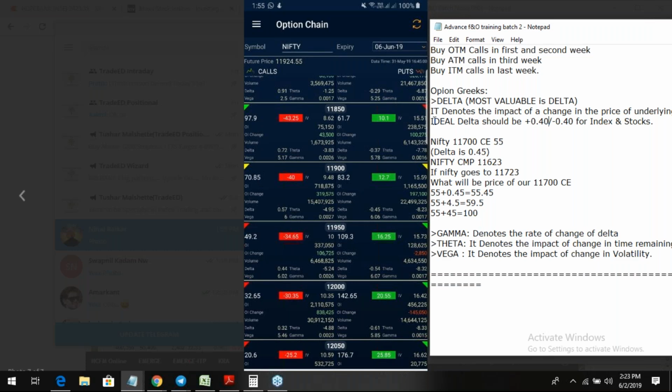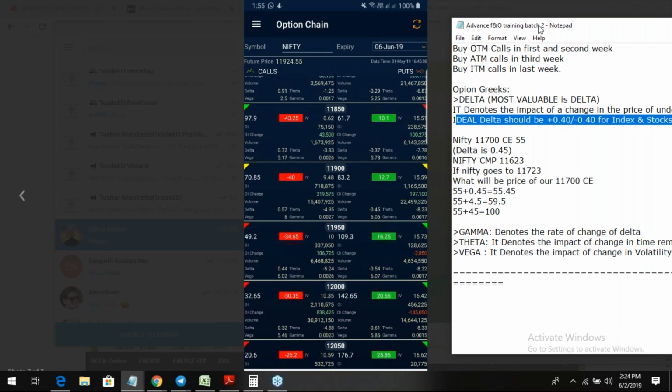Which premium should we buy? Tell us the ideal delta. Understood? Whenever you are buying any call or put, the delta should be minimum 0.35 or 0.40, or minus 0.35 or 0.40.